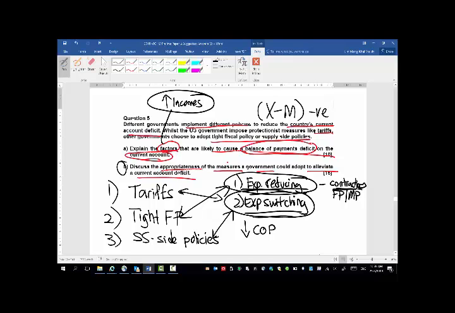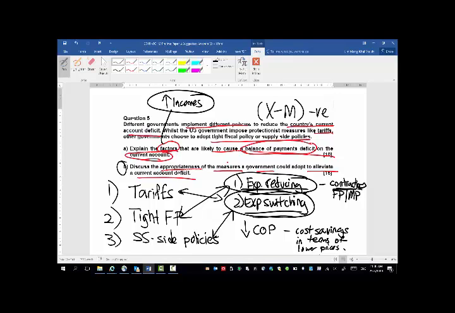Because you increase productivity, lower COP, you lower your unit cost of production, and when your unit cost of production is actually lowered, assuming your producers are able to pass on cost savings in terms of lower prices, domestically produced goods will now become cheaper, and it will become more attractive for your domestic consumers.